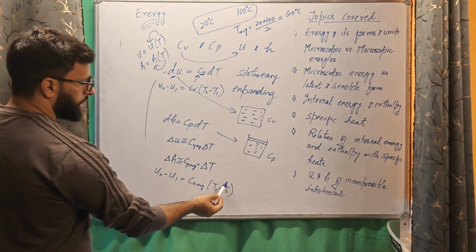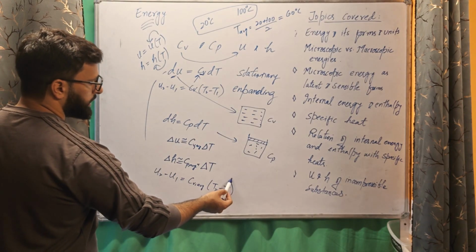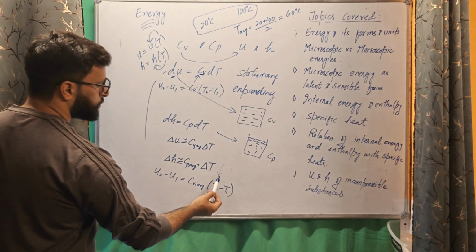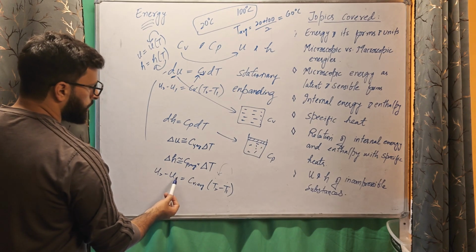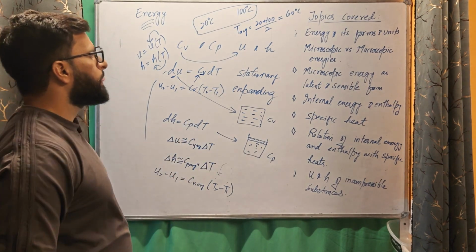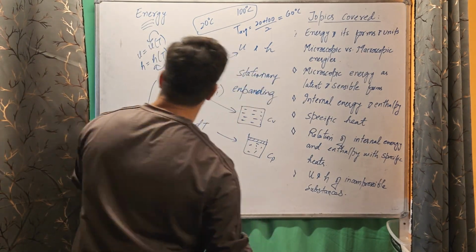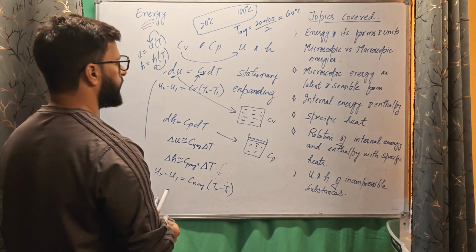If we know the initial temperature and the internal energy value, and we are raising the temperature from 20 to say 100 degrees Celsius, we can find the final value of internal energy or enthalpy. Now this is for gases. These equations are applicable for gases.